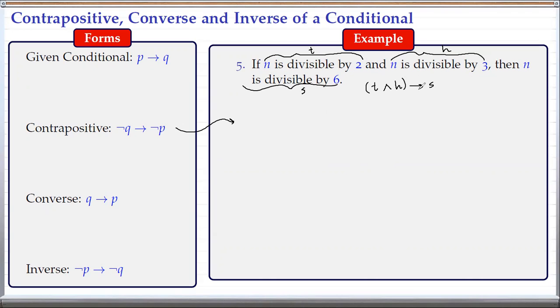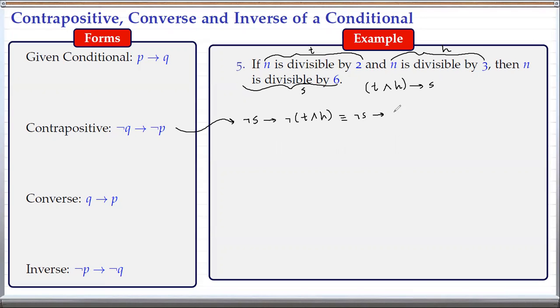So for contrapositive, we negate both the hypothesis and conclusion and flip the direction. So it will look like not S implies not (T and H). And we can simplify the second part here using De Morgan's law.